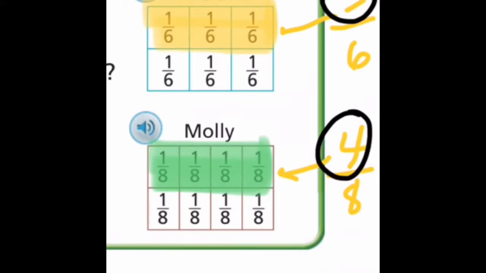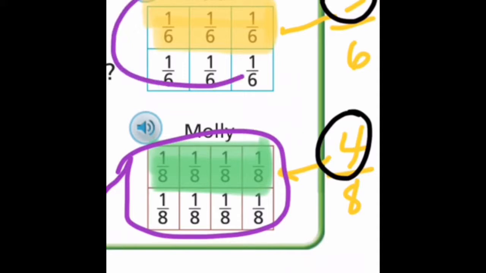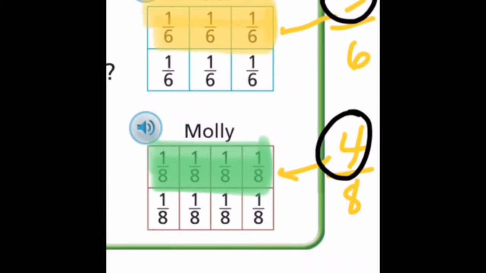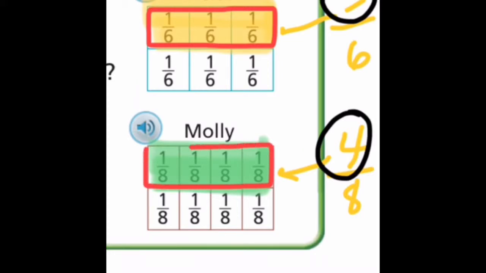If we look at just those numbers, that will confuse us and throw us off. We need to look at the picture instead. So we're going to look at that whole picture and that whole picture. If we look at the size of each one, and I'll highlight that part right here, there's Heidi, and here's Molly. Those are the same size.